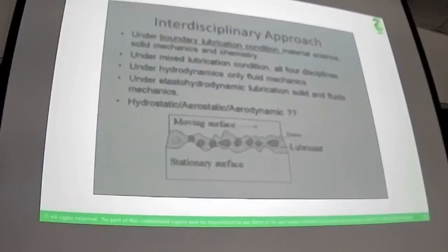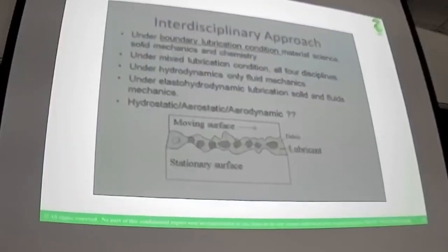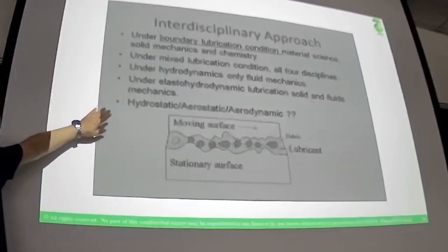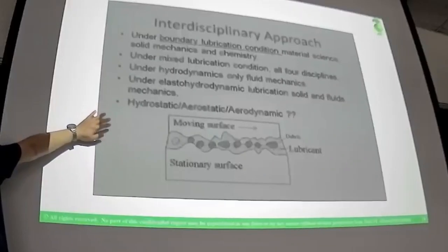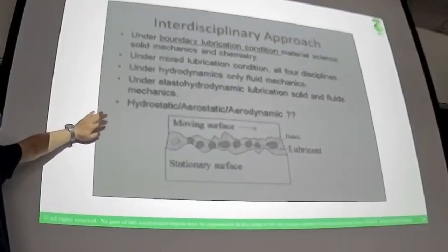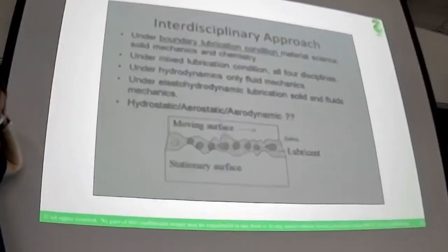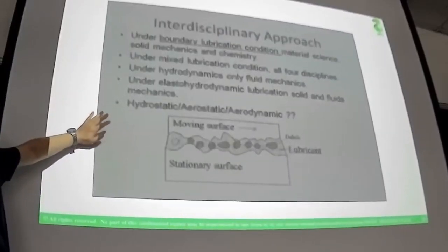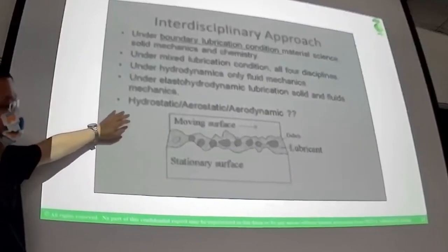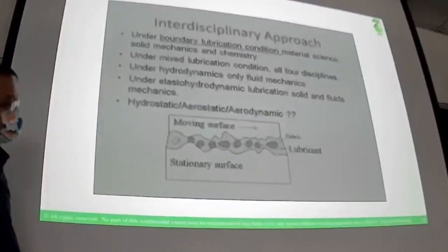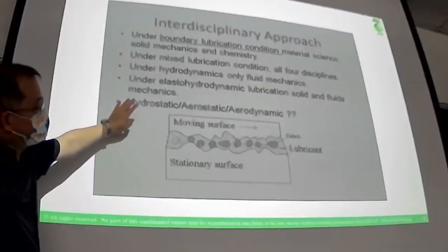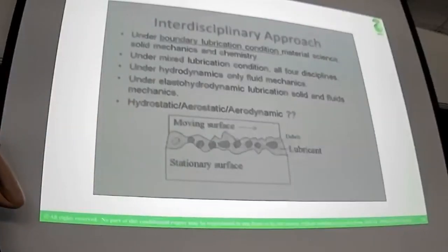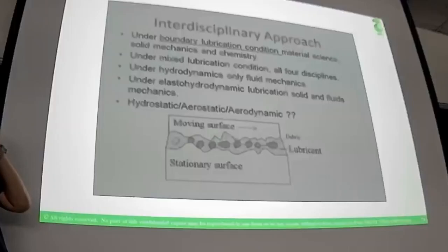This is where we always talk about the air bearing or hydrodynamic bearing in machine tools. For the next semester, I have a course just to discuss the hydrodynamic, hydrostatic and aerostatic bearing in machine tools.